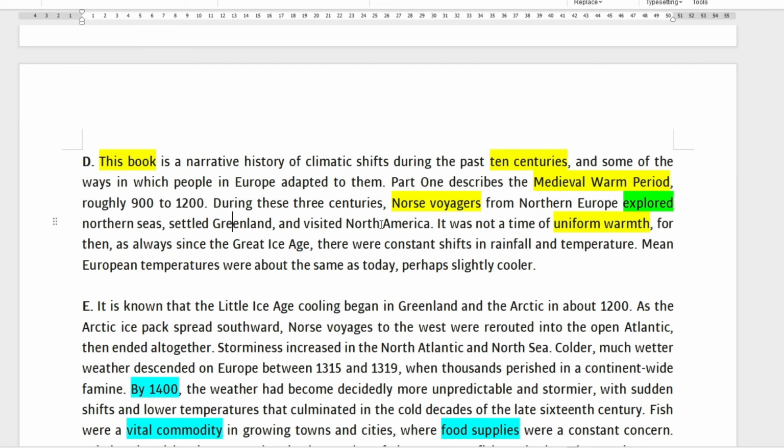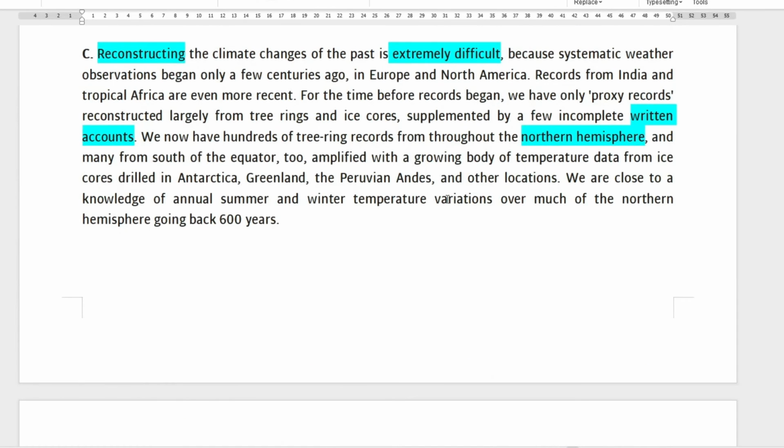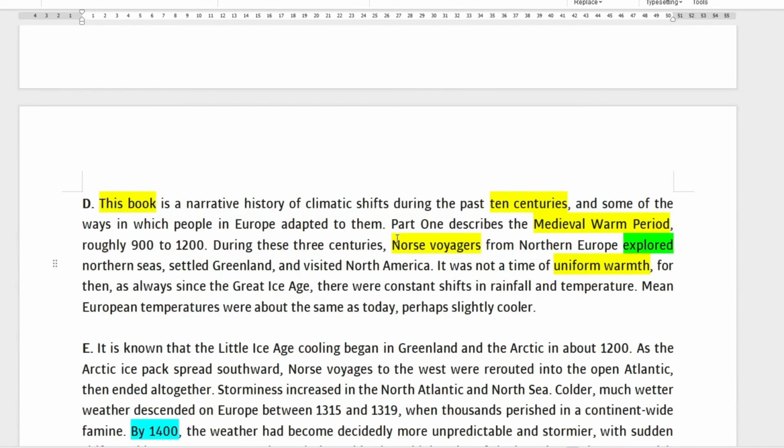So who did this? Medieval. We want to find that. We're saying during these three centuries, Norse voyagers. Of course, it's not modern. So it's during the time of the medieval warm period.